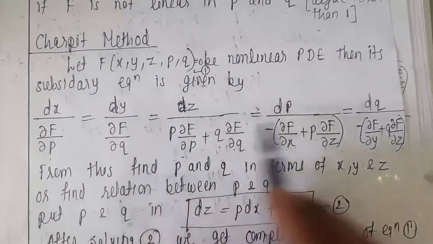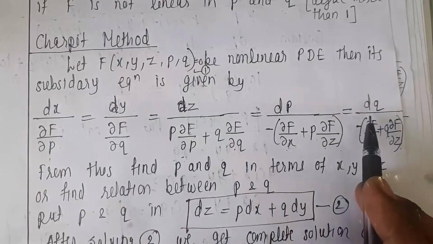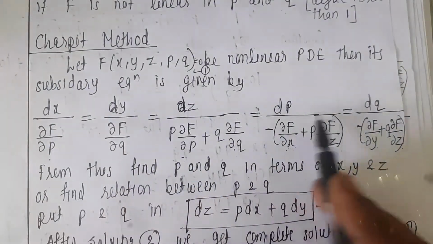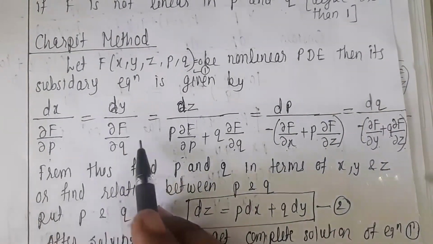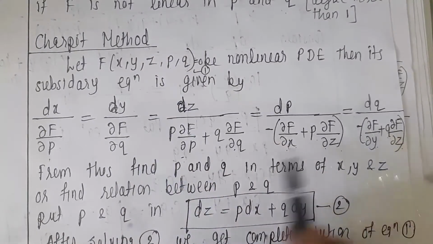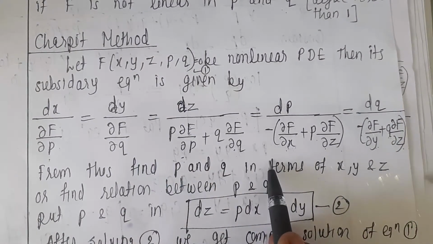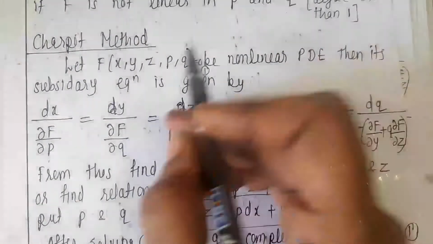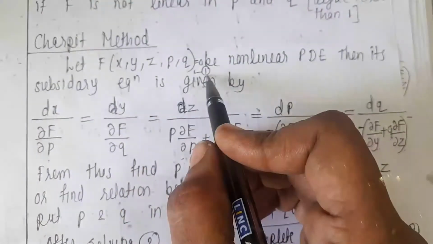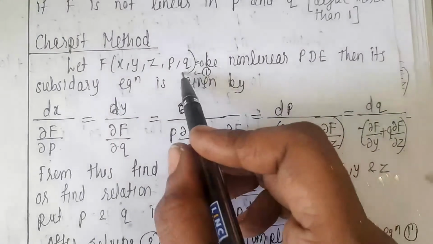From this equation we find the values of p and q by considering any two ratios by the grouping method. After finding p and q, substitute them in the given equation, that is equation number 1, and simplify.